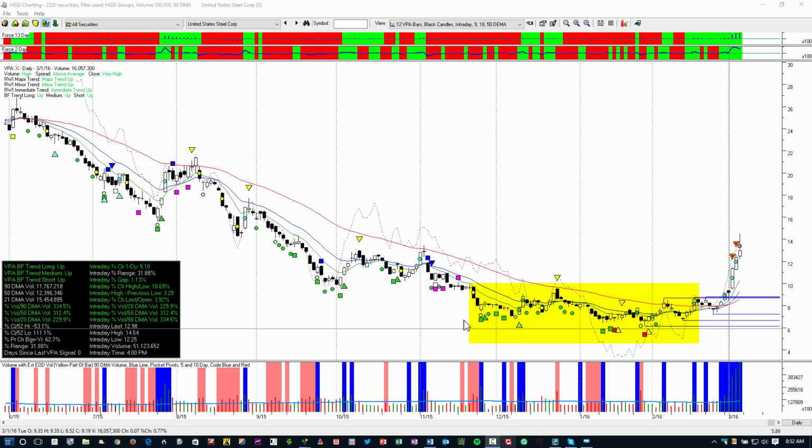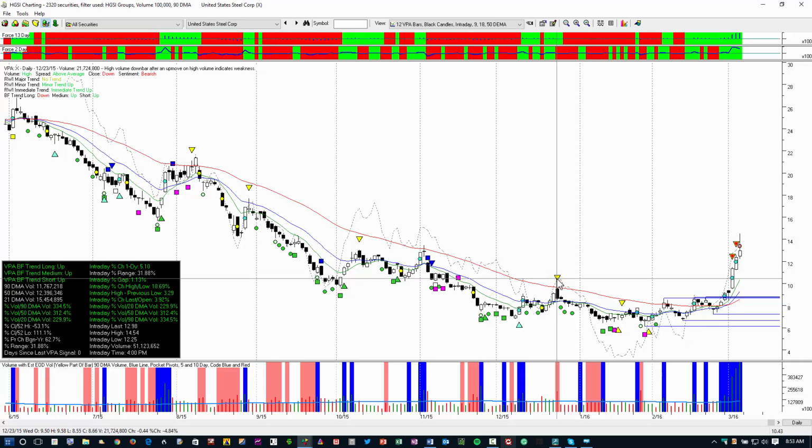Now notice all of the green dots in here interspersed with, well, those are not red dots, they're actually tests for supply. There's a few yellow triangles here. This was a good signal that it was going to go down a little more. High volume down bar after an up move, and you can see that.